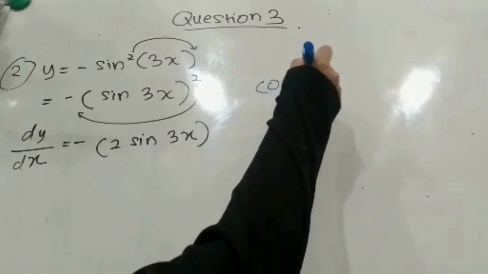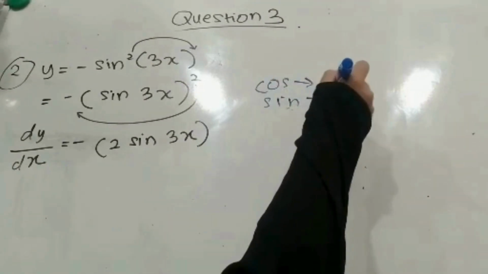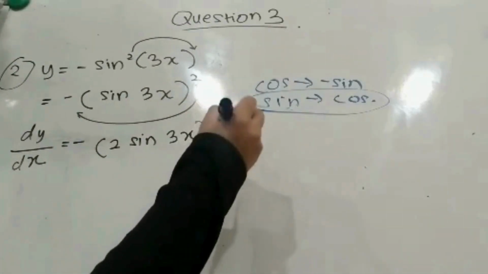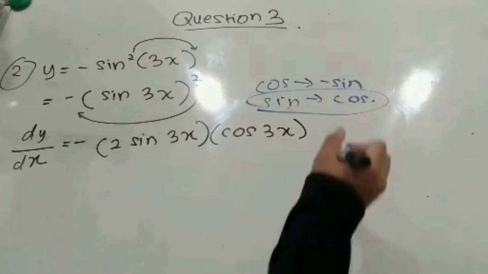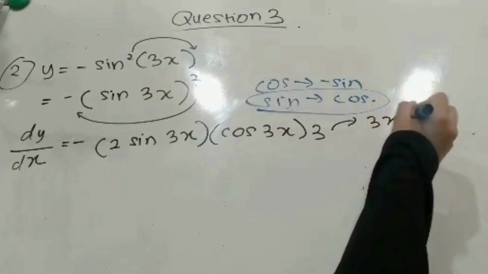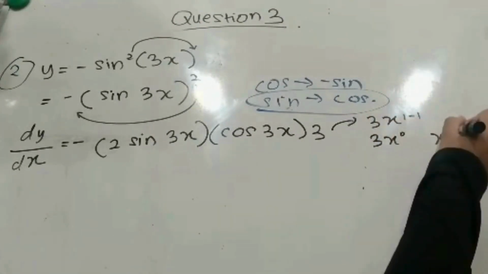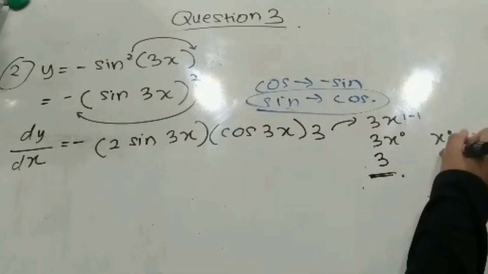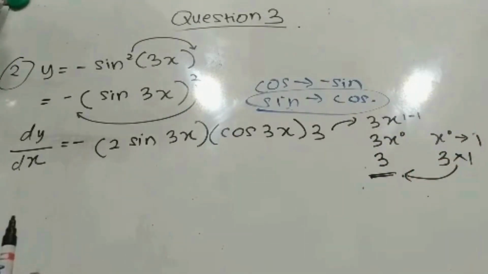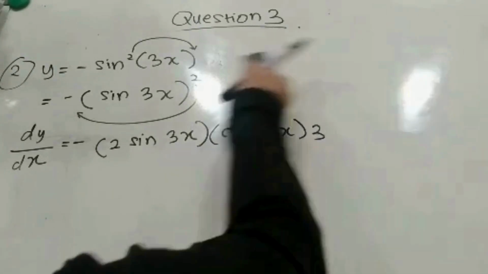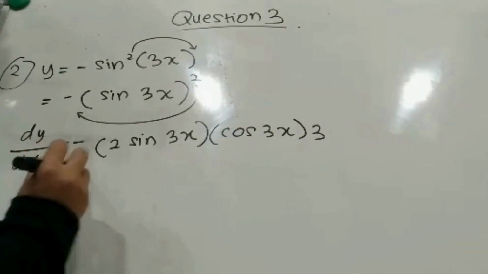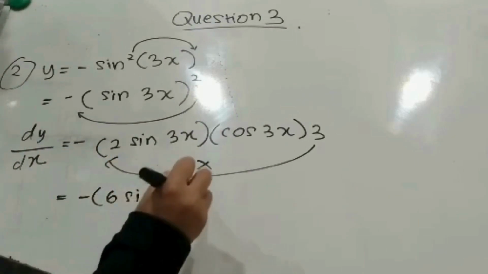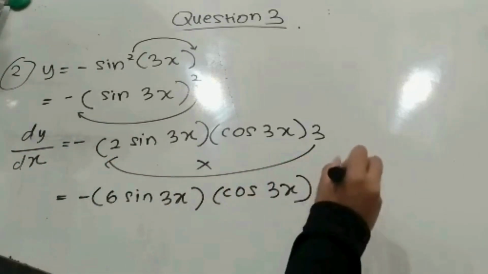As we know, for the derivative of standard functions, cos becomes negative sine and sine becomes cos. So we convert sine to cos. After that, we multiply 3 by 2 to get 6, and then copy the remaining terms.